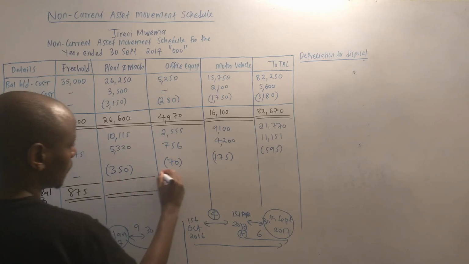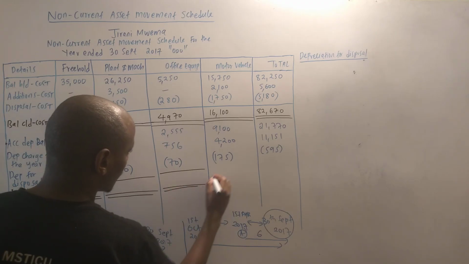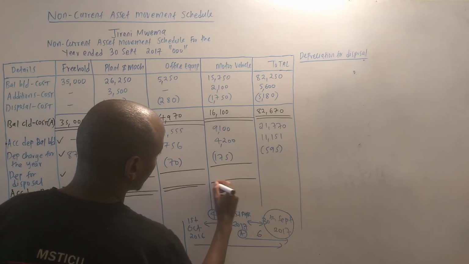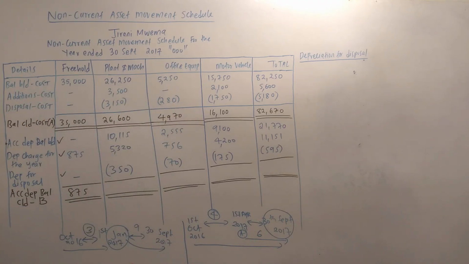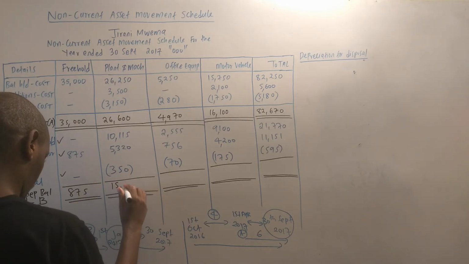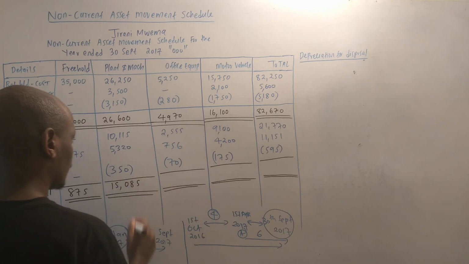What about the rest? We can say 10,115 plus 5,320 minus 350. That is 15,085.